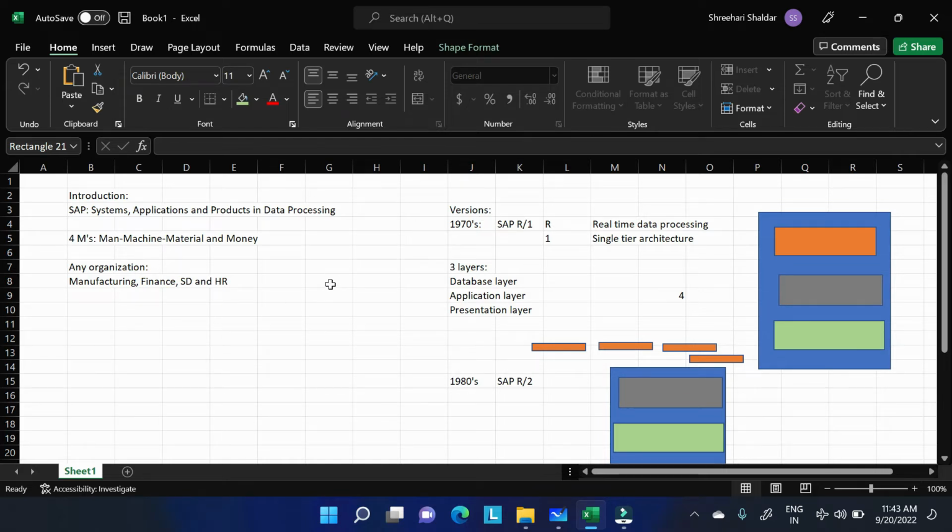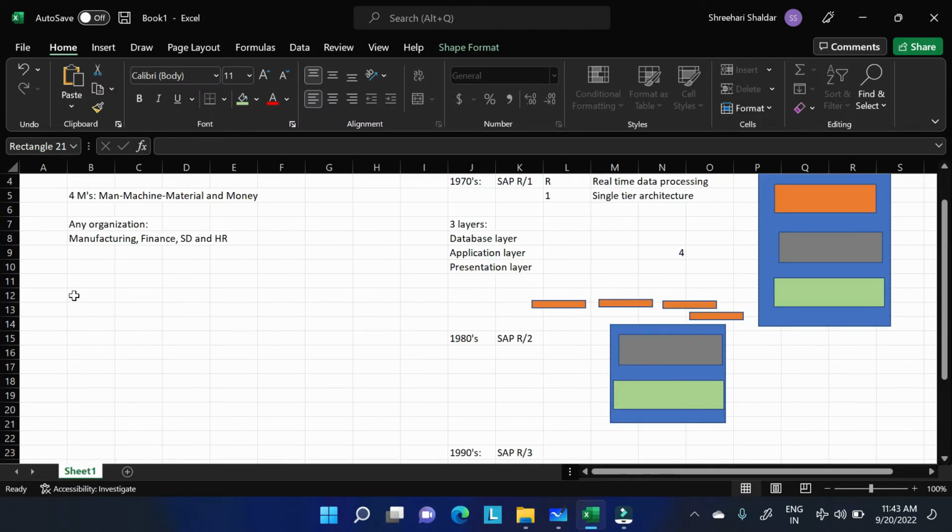And in SAP, what does SAP focus on? Main thing we can discuss is on what part. SAP basically focuses on finance.